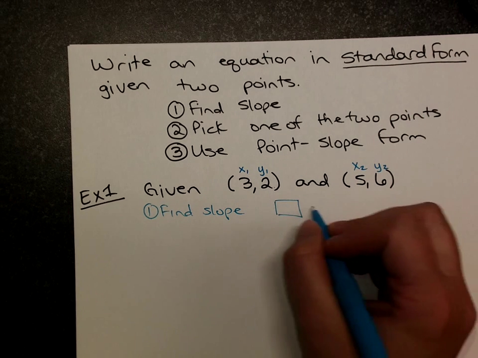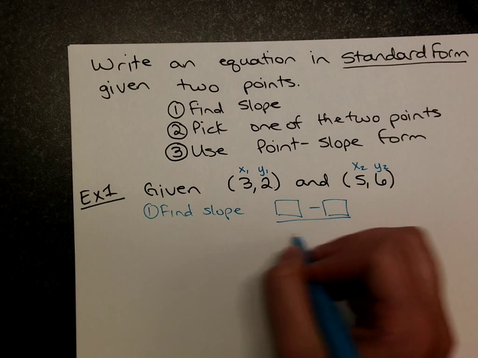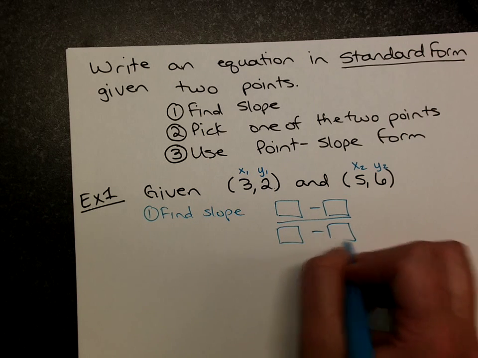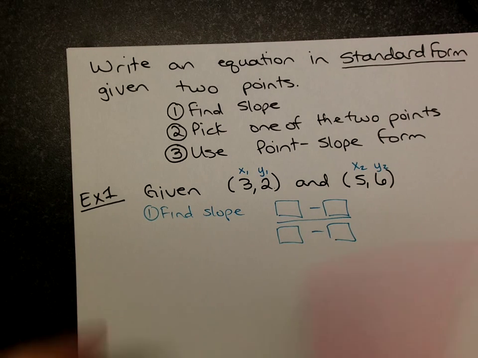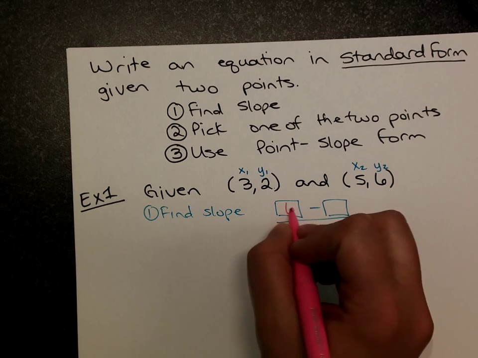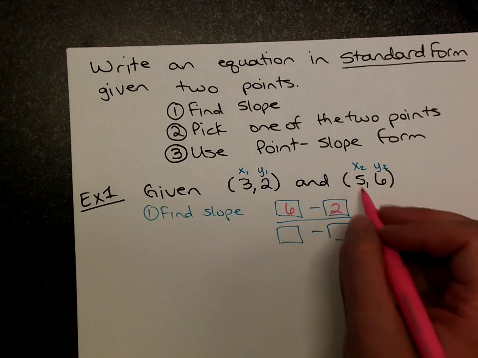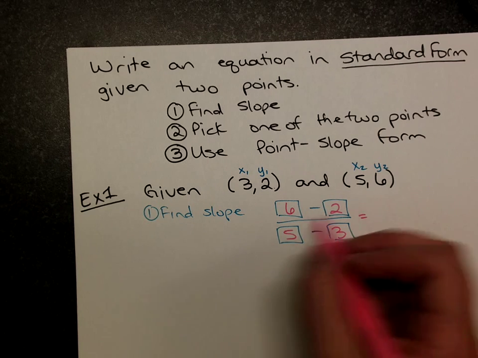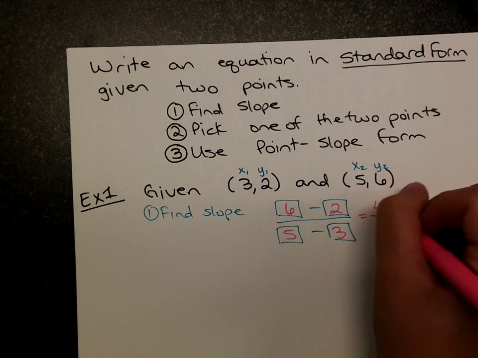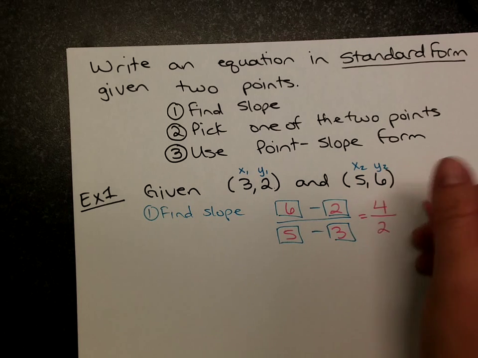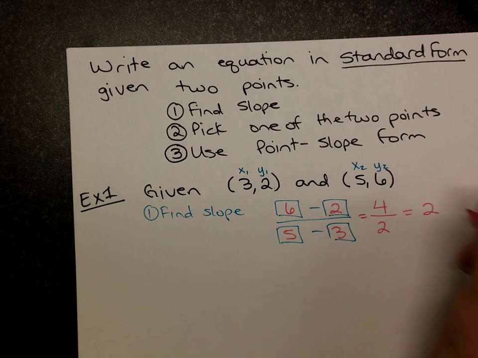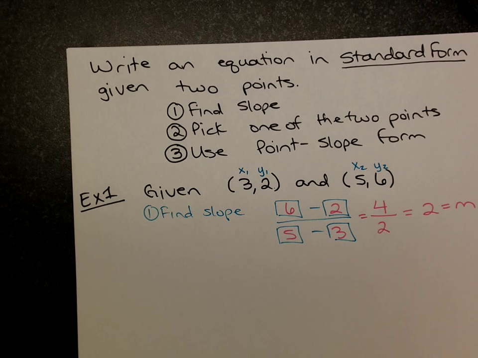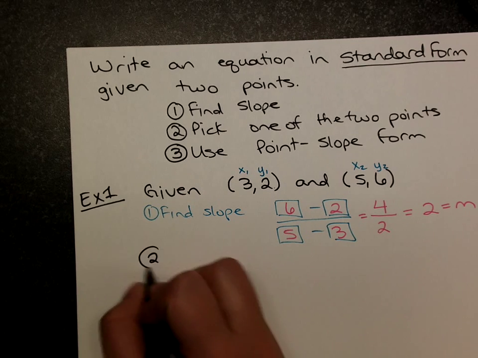Remember, slope, we do box minus box over box minus box, and fill in our boxes. y2 is 6, y1 is 2, x2 is 5, x1 is 3. 6 minus 2 is 4, 5 minus 3 is 2, 4 divided by 2 simplifies to 2. So that is my m. My slope is 2.